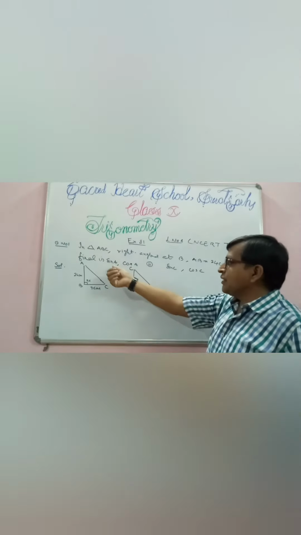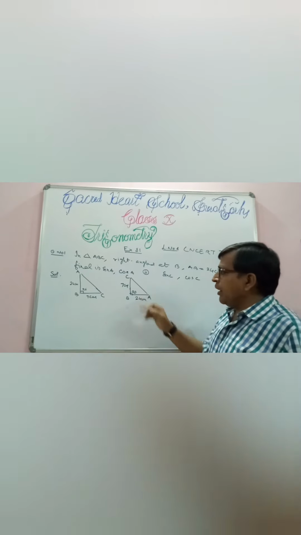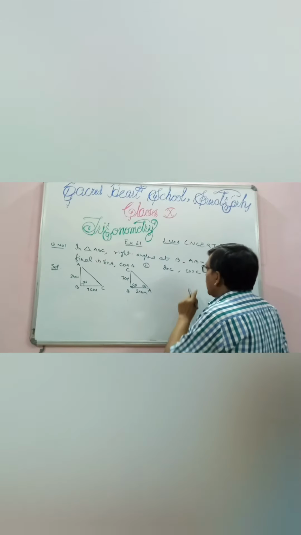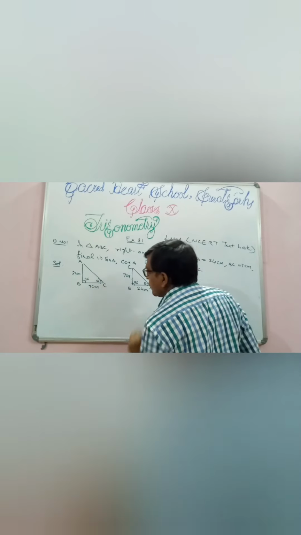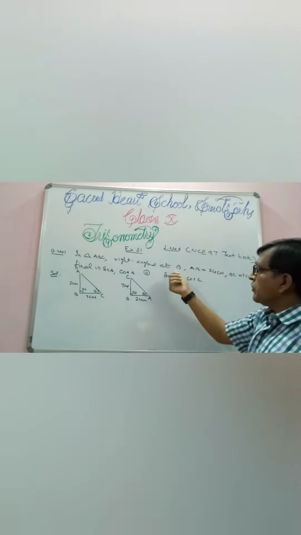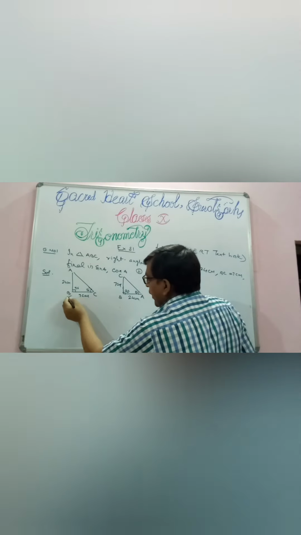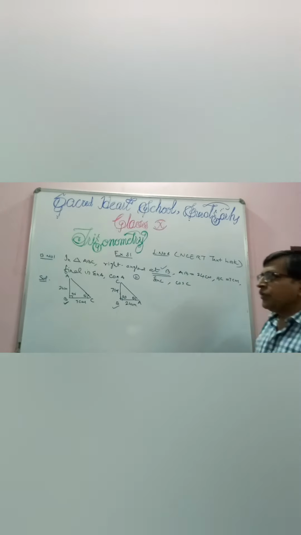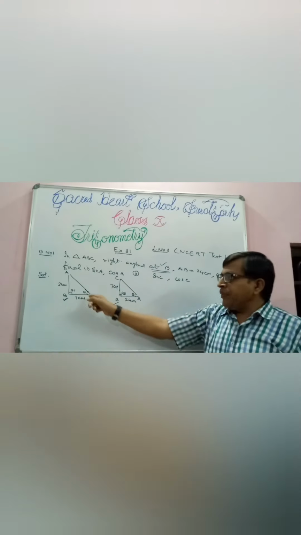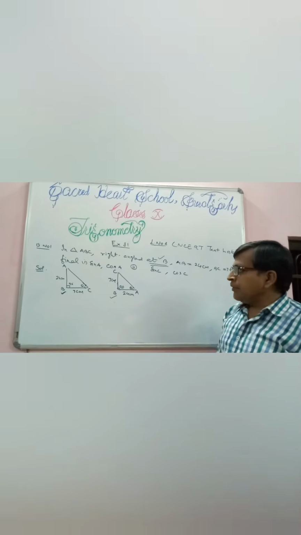Why are we making two right triangles? Because we need sin A, cos A, sin C, cos C. Whenever it is sin A, theta is at A, and whenever it is C, theta is at C. Always check where the right angle is written, at B. This is a very important point. You make B the 90 degree angle.